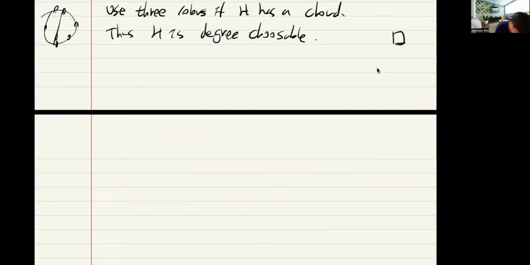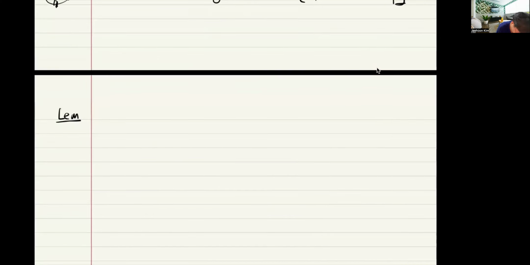Now we want to show that we can find such a graph in a given graph as long as it satisfies a certain condition. And what's the condition?